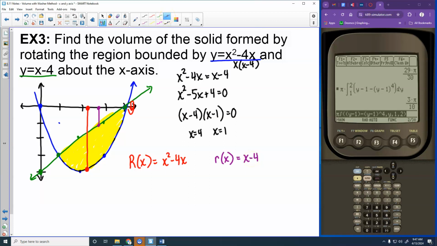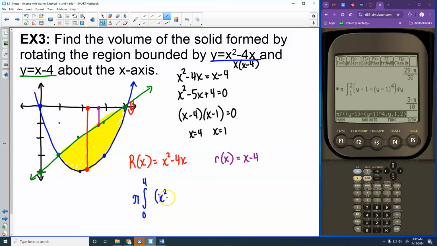And so to set up our integral, what would our limits be? 0 to 4. I'll go ahead and pull the pi out front on this one. You're going to have power squared minus power squared, and they'll each have pi's. I'm just trying to shortcut this a little bit.